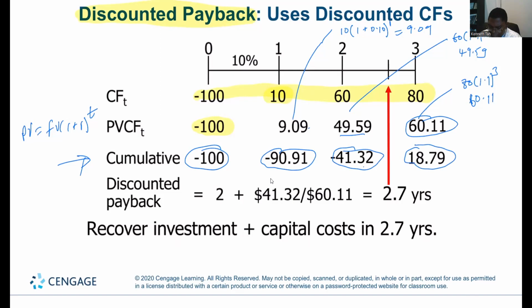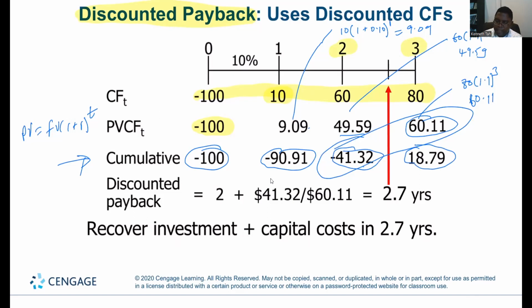So in terms of years, the payback is actually between 2 and 3, but precisely what fraction? It will be 2 plus the fraction. We use these two numbers here, which will be 41.32 divided by 60.11 to get the fraction.